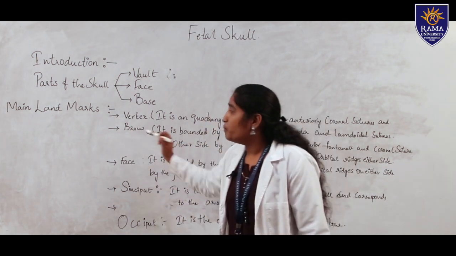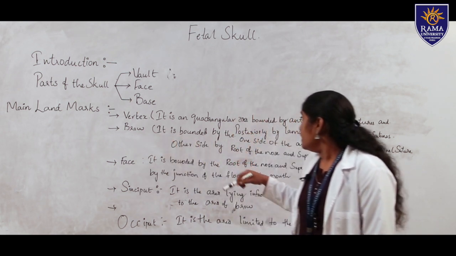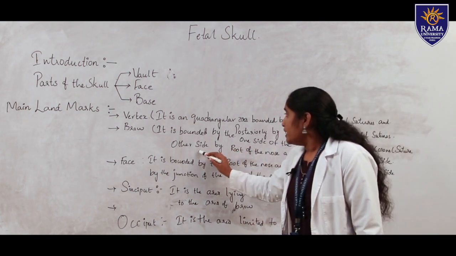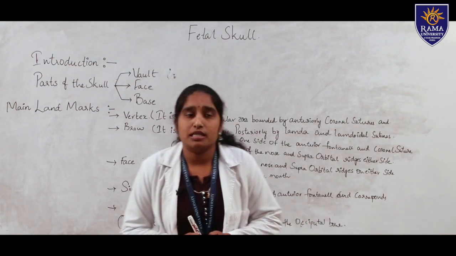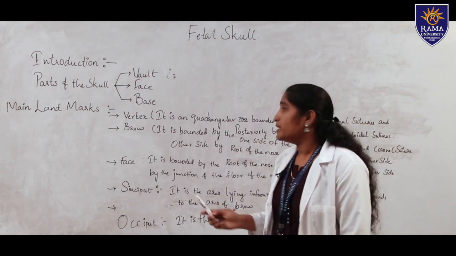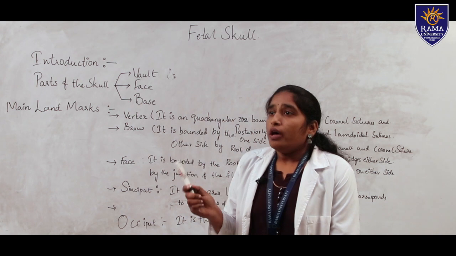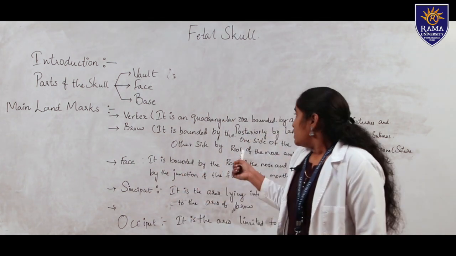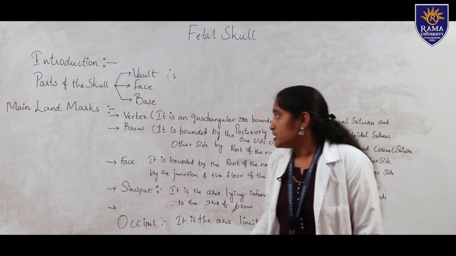The next one is the brow. It is bounded on one side by the anterior fontanelle or bregma and coronal sutures, and on the other side by the root of the nose and supraorbital ridges.